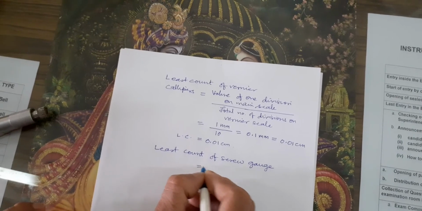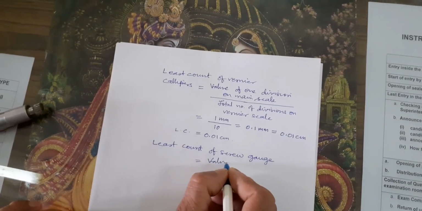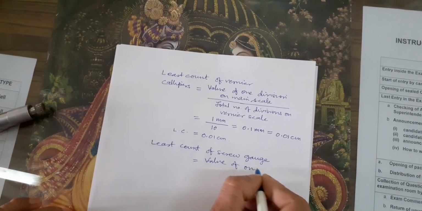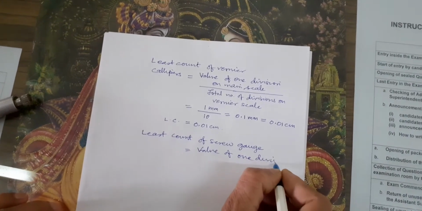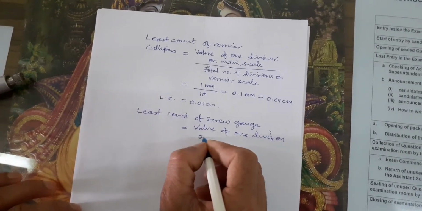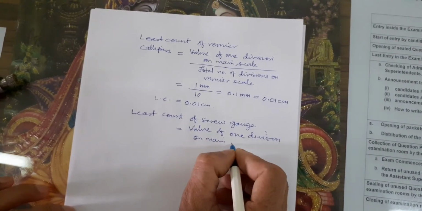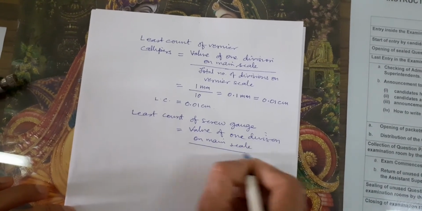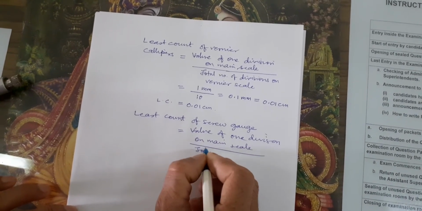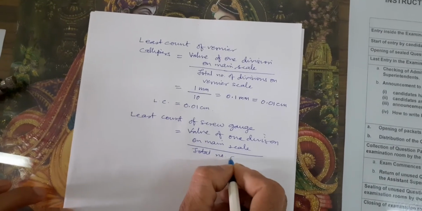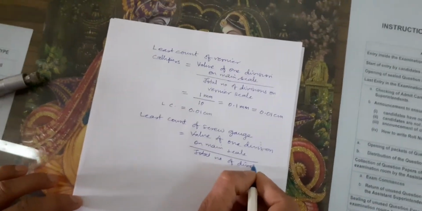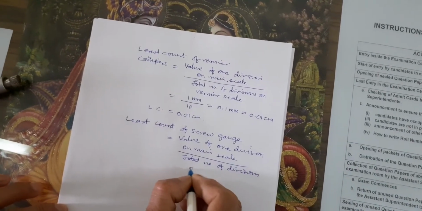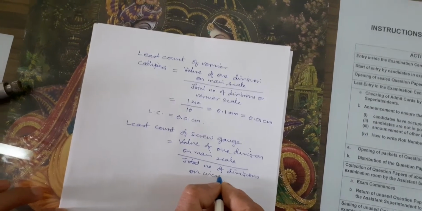In the same way, it is the value of one division on main scale upon the total number of divisions on circular scale.